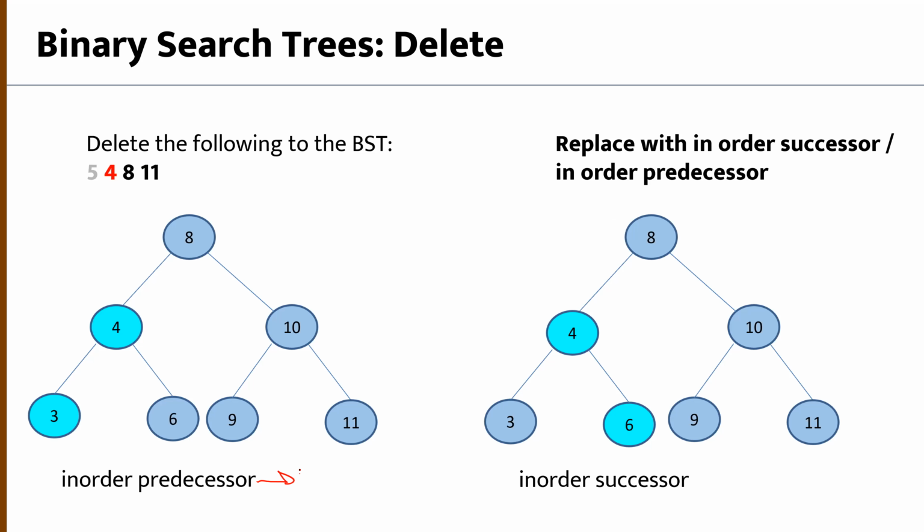So this will actually be 3. And the successor will be 6. And so if we want to delete 4 using the in order predecessor, we'll simply just swap these 2 elements and delete the 4. And likewise, we'll just be swapping these and deleting the 4 as well.